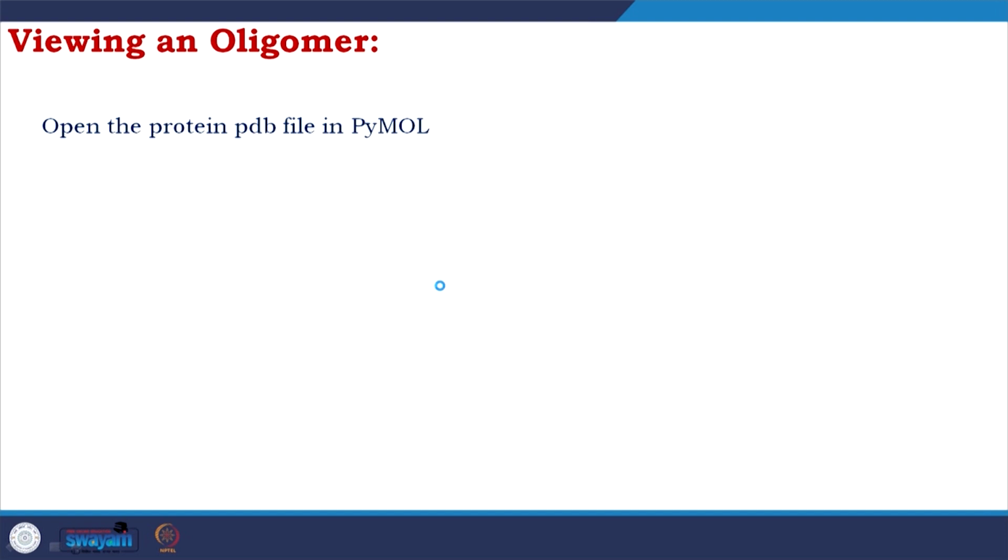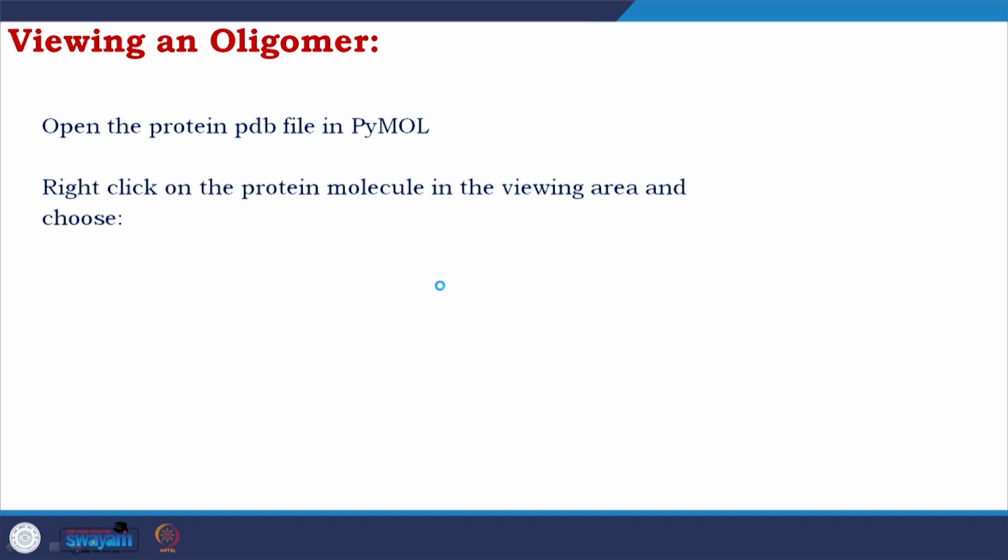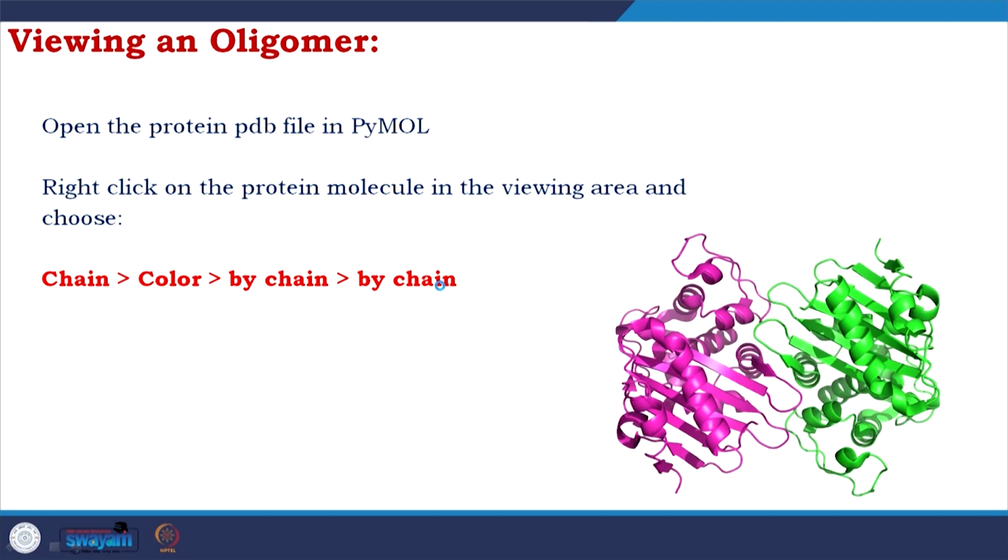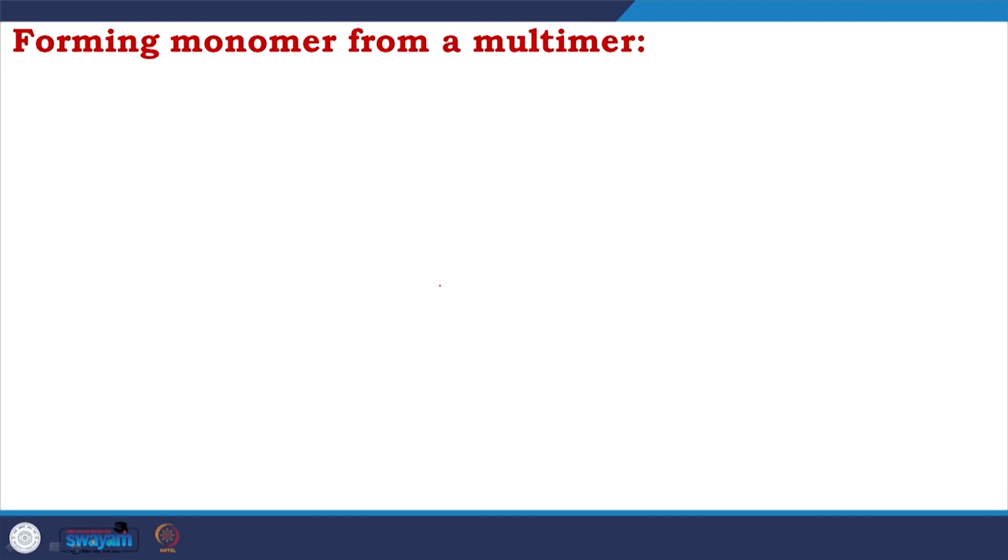So, as usual, you have to open the protein in Pymol, then right click on the protein molecule in the viewing area, and choose color, by chain. When you do that, you will get this dimer. You see the pink and green colors representing each monomer.